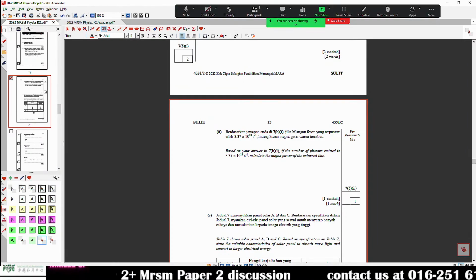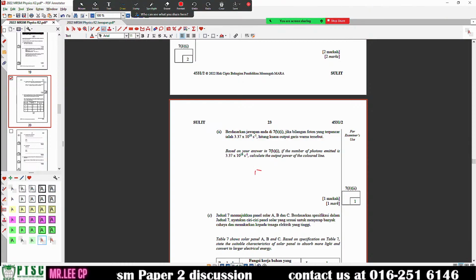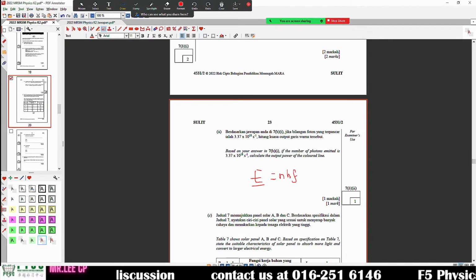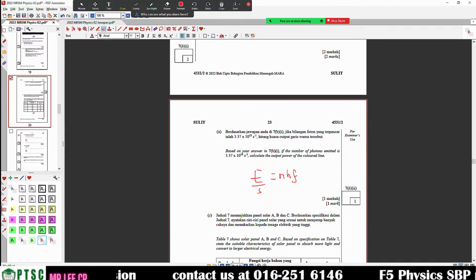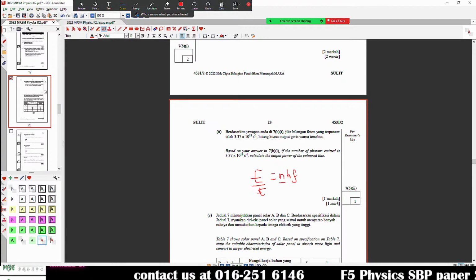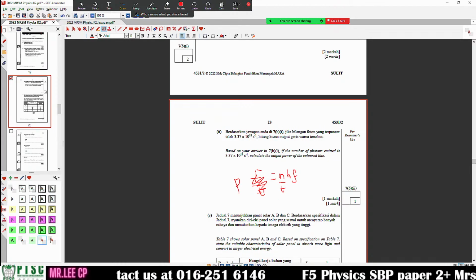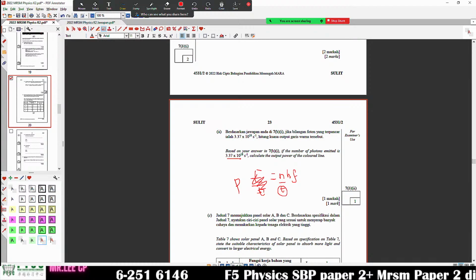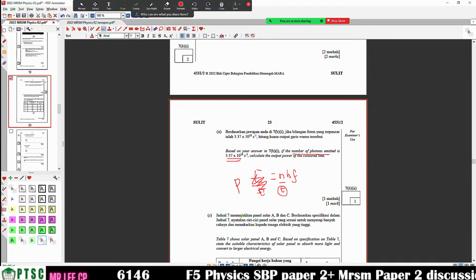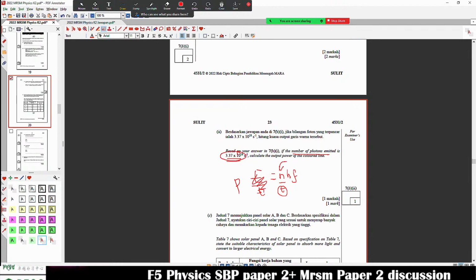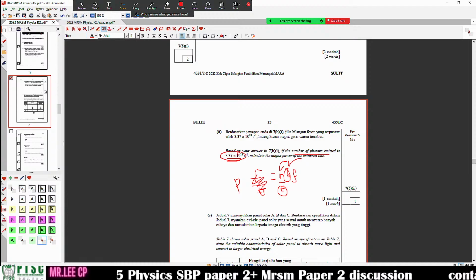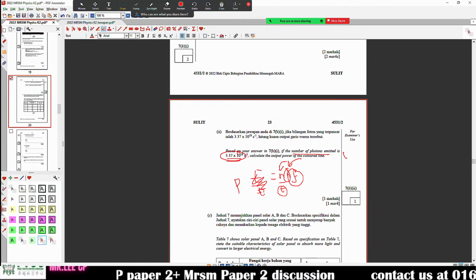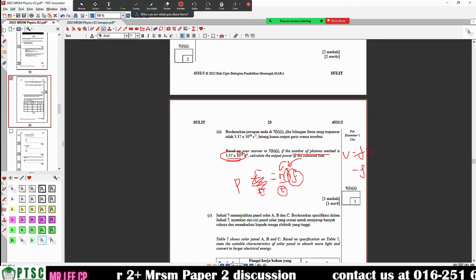The energy is equal to nhf, and divided by time, n is the number per second, so it is already power and you need not worry about it. You have n and h from the question, and the frequency you need to change: f is equal to c over lambda.